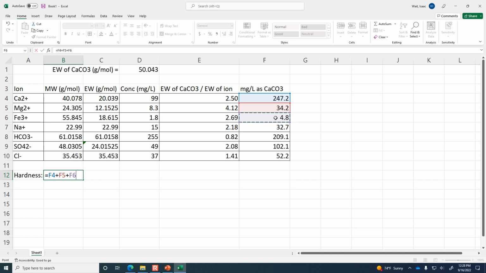But we're not going to include the sodium, because sodium just has a single charge. We're also not going to include the concentration of any anions. Only the polyvalent cations go into the hardness. Okay, so our hardness is 286 milligrams per liter as CaCO3. That's our hardness.